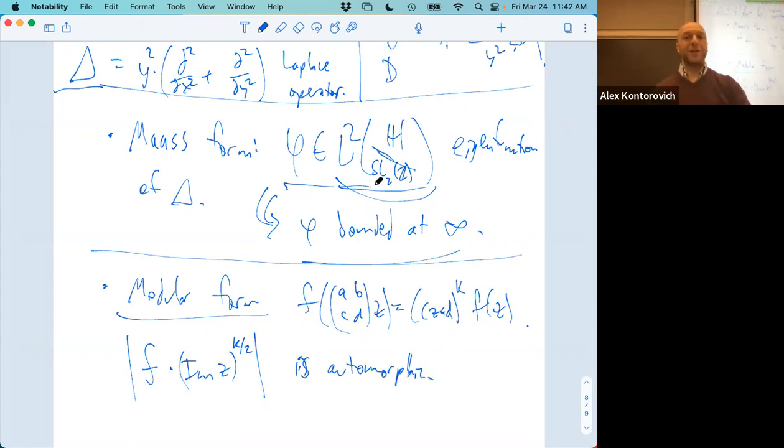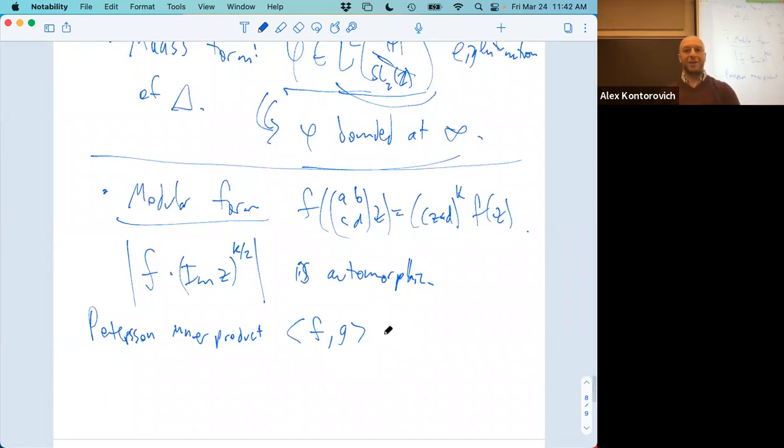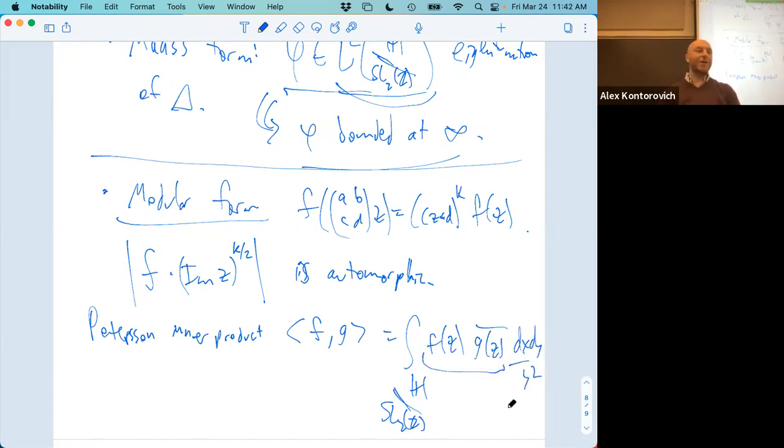Exactly. So there's something called the Petersson inner product. If you have two modular forms of weight k, f and g, you don't want to just integrate over the upper half plane mod SL2(Z) of f of z times g bar of z times dx dy over y squared, this invariant measure, because this function is not invariant under SL2(Z).